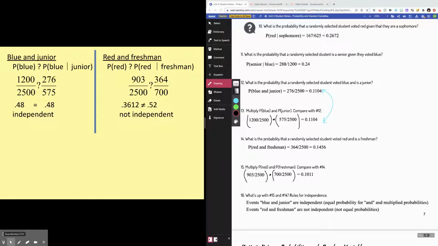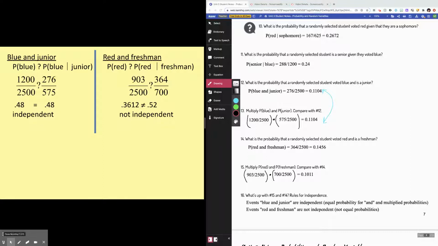Okay, so really quickly before we try this one last example problem, I wanted to show you these are your two methods that you can use to check for independence, okay? The one you see on the left side of your screen is what I called the definition method. So we're checking to see, does the probability of blue change when you add the extra condition of junior, right? So does probability of blue equal the probability of blue given junior? If you actually figure out what those are, you get the same value for both, meaning that those events are independent, right?